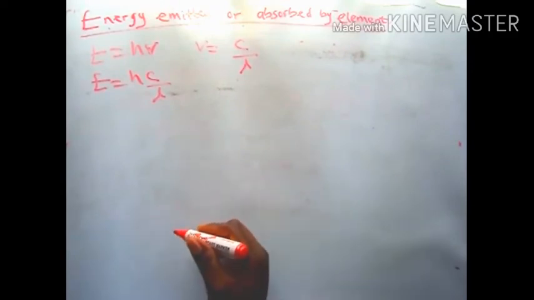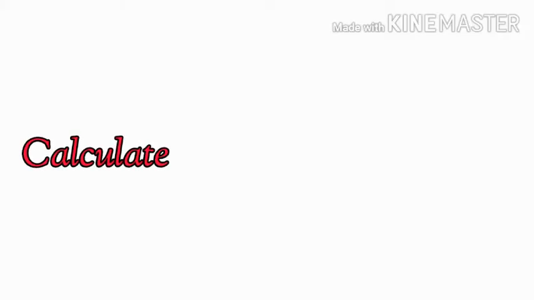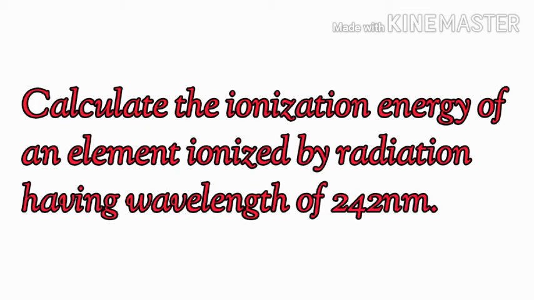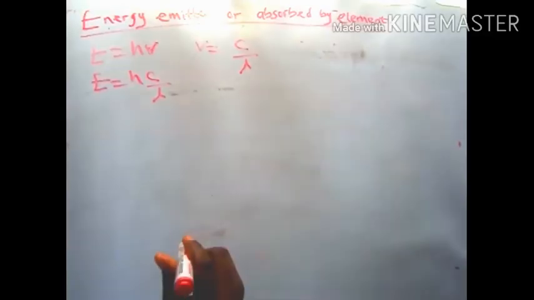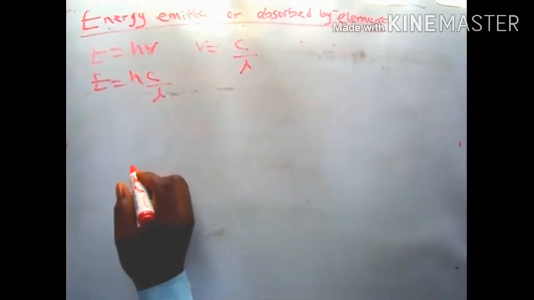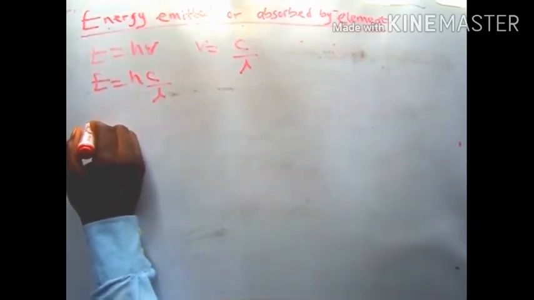The first question says, calculate the ionization energy of an element ionized by radiation having a wavelength of 242 nanometers. So we are asked to calculate the energy that ionizes these elements. Write out your parameters.